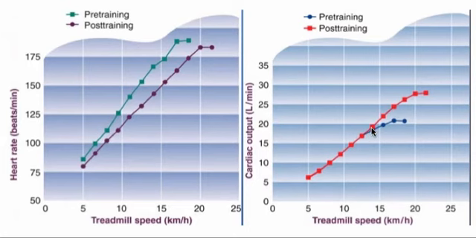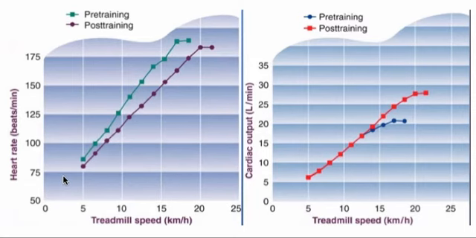Now note that the cardiac output increases in the trained, this is the red post-training, individual once the intensity increases to maximal exercise. So at rest and during sub-maximal exercise, the trained individual will have a lower heart rate.